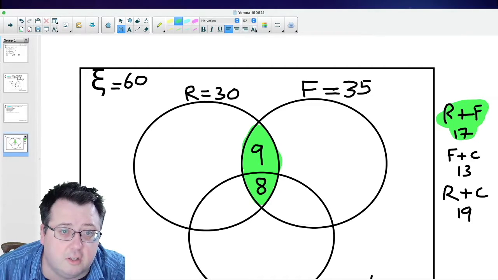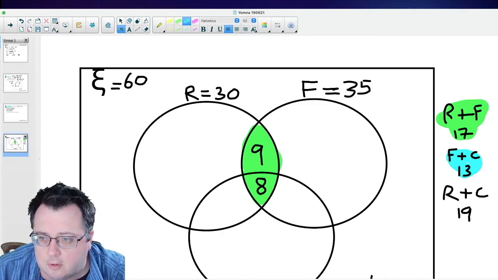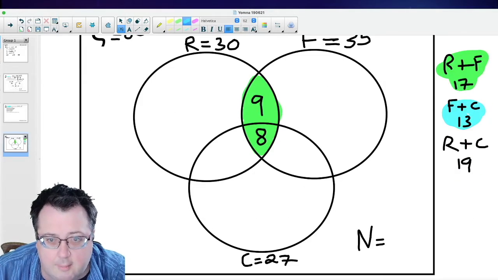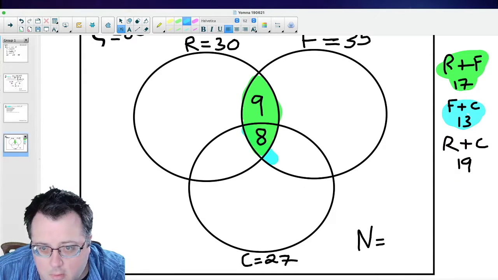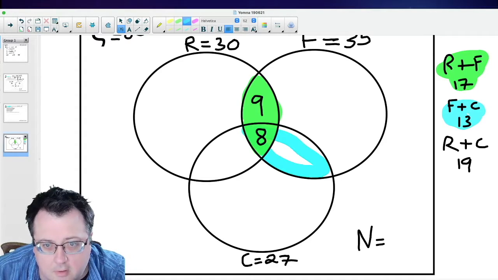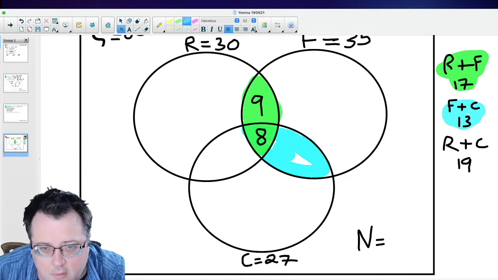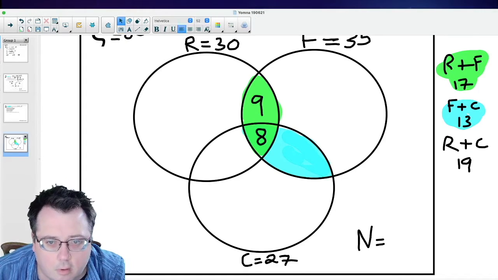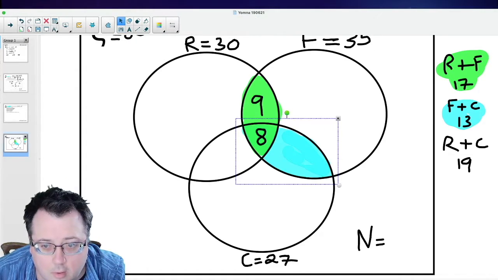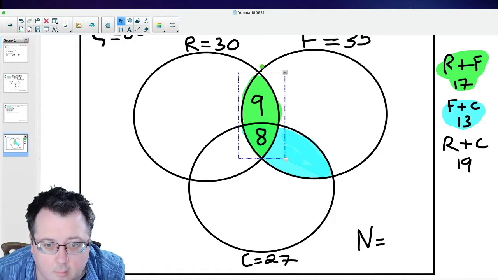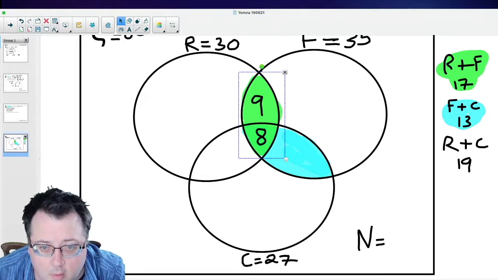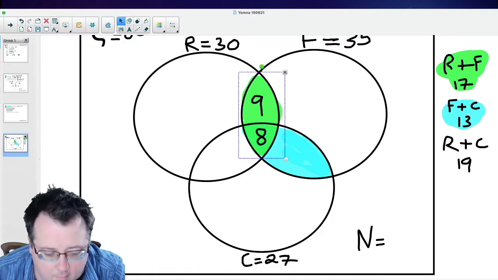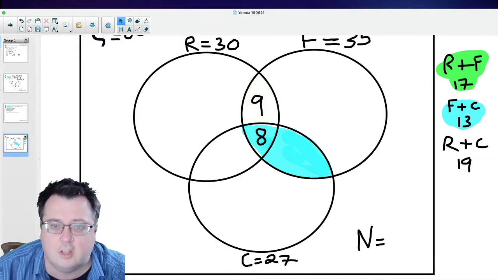Right, let's look at a different colour now. Let's go for blue for football and cricket. That is this overlap here. Okay, let's delete the green.